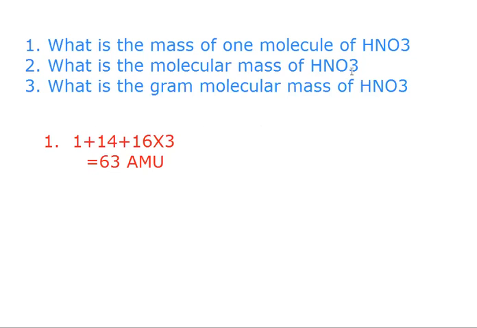By calculating the overall value, the mass coming here is 63. So 63 AMU is the mass of one molecule of HNO3.